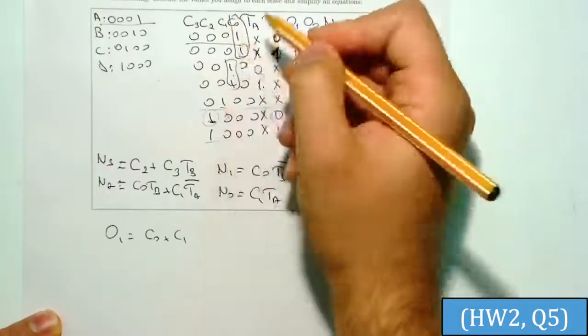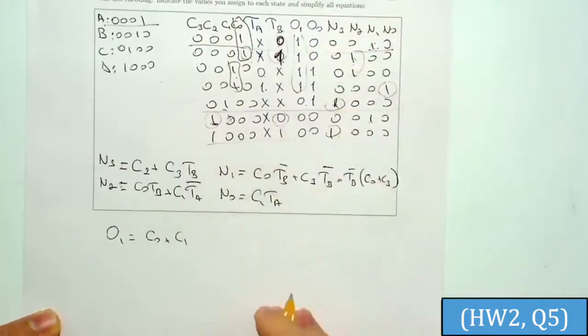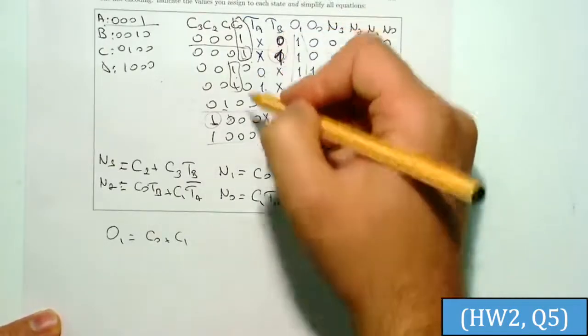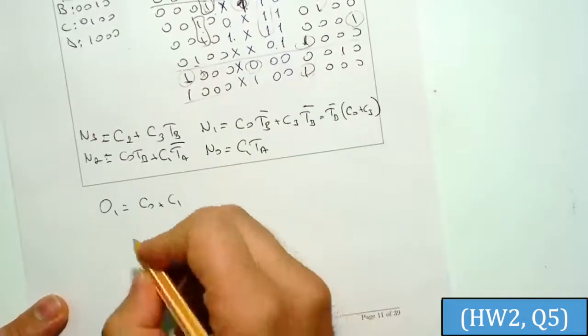Can you see that? For the C0 rows, TA and TB don't change the result, and it's the same for the other. So I only have C0 and C1.